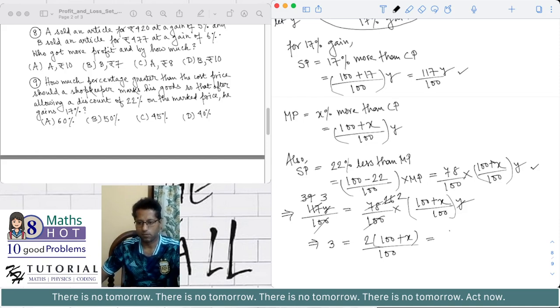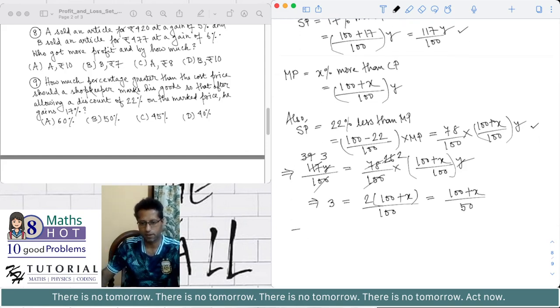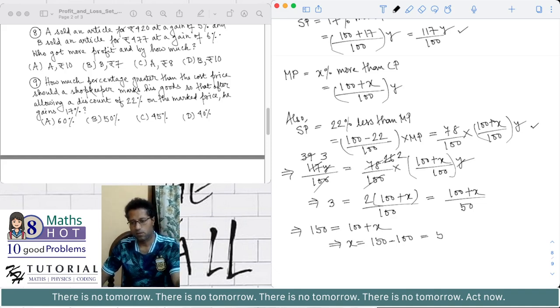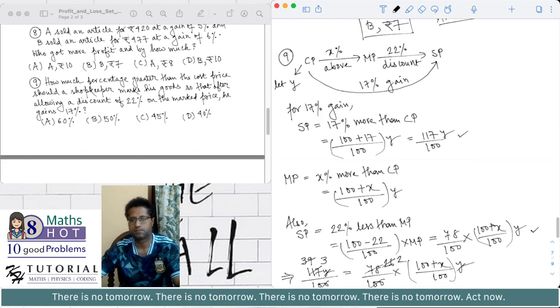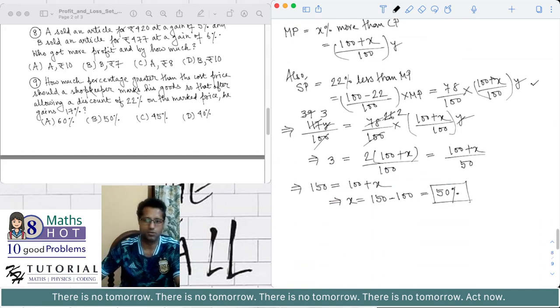This is equal to 100 plus x divided by 50. Now we can do cross multiplication and we get 150 is equal to 100 plus x. This implies x is equal to 150 minus 100, which is 50%. So the mark price is 50% more than the cost price, and hence the correct choice is B.